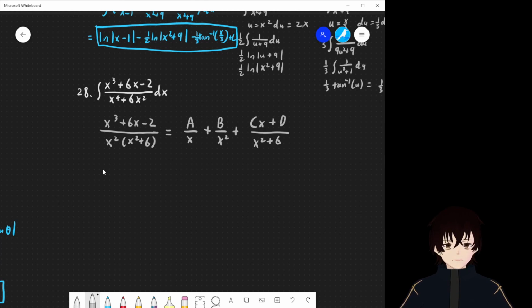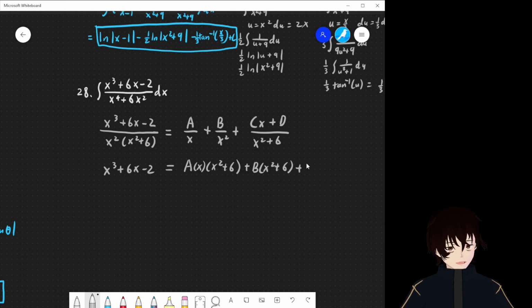That means x cubed plus 6x minus 2 is equal to a x times x squared plus 6 plus b times x squared plus 6 plus cx plus d times x squared.